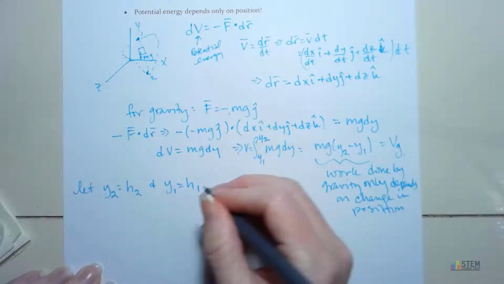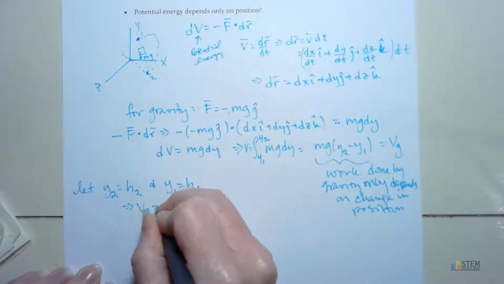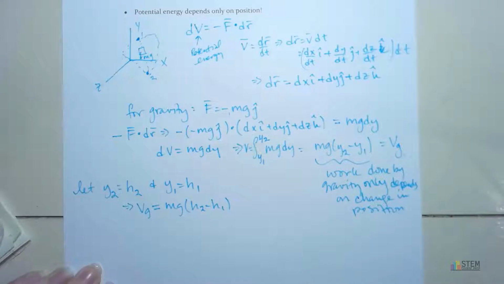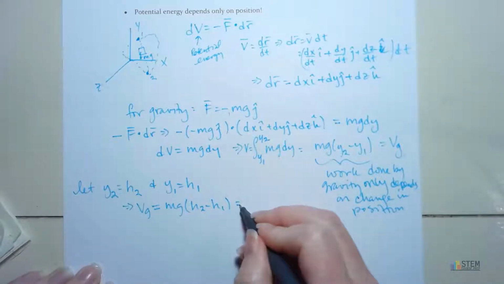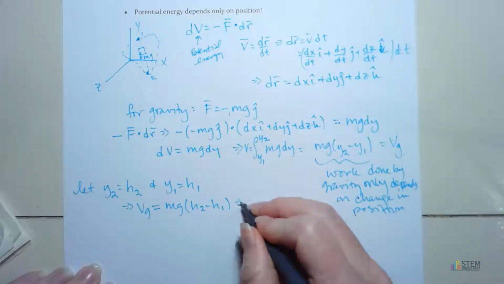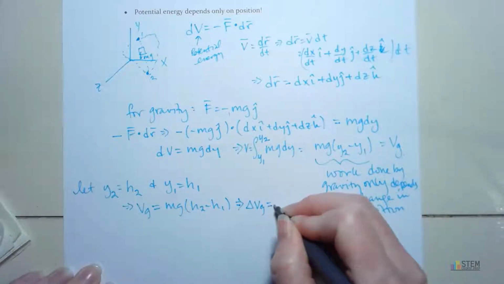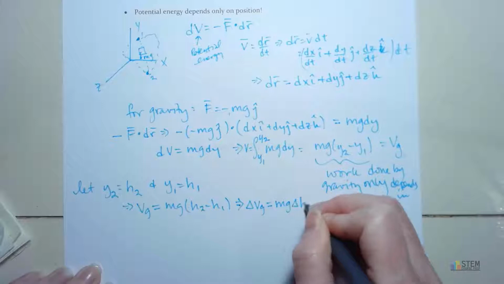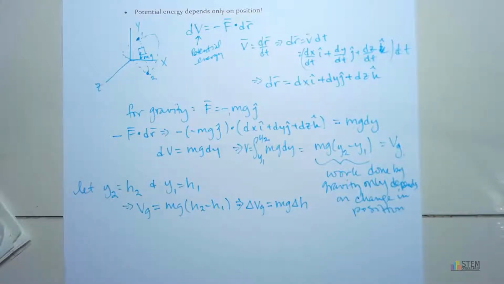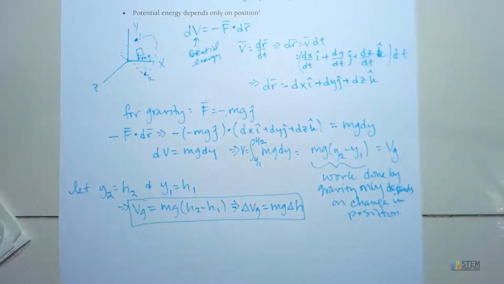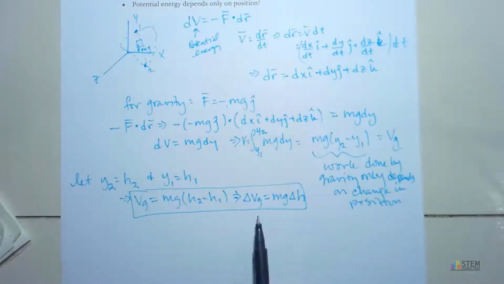So now with that, we can say that Vg is mg times h2 minus h1. And you can also write that as delta Vg equals mg times delta h. Okay, so there you have it. So this is your potential energy due to gravity.